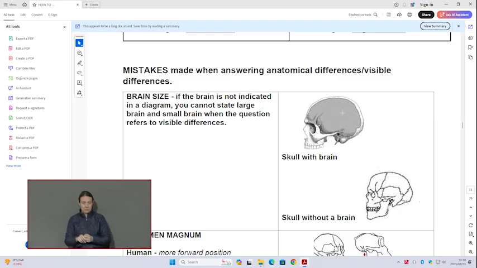So you must look at your diagram and you must check whether the brain is visible or not. If the brain is not visible, you cannot mention it. You only mention the brain if it is visible. If you don't see the brain, you will just write a larger what? A larger cranium, which is this one.